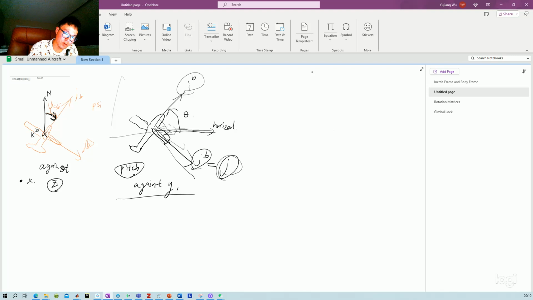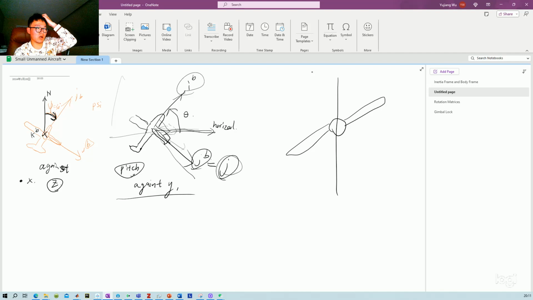So let's draw the plane like that, like the plane is flying out of the page, where this is its nose, flying out of the page, and this is your vertical line. Let's say this is your body frame, this is your kB, where your axis iB is pointing out of the page, and then your jB will be based on the right-hand rule again.